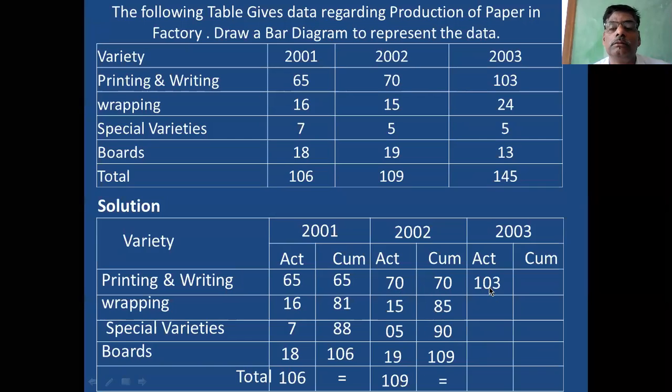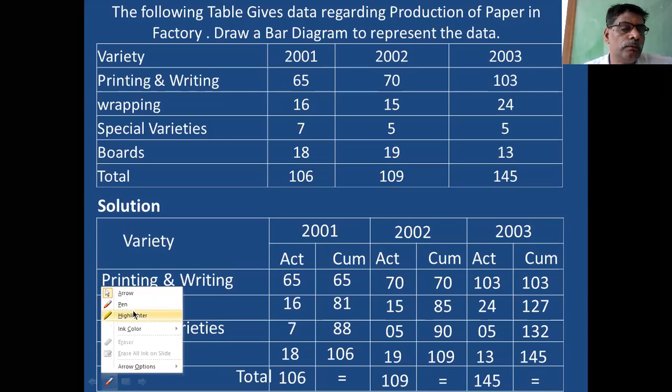Then the third year: 103, 24, 5, 13, total 145. Now calculate the cumulative: 103 plus 24, 127. 127 plus 5, 132. 132 plus 13, 145. 145 and 145 tally. Like this you calculate the cumulative. I will show how to calculate the cumulative values.